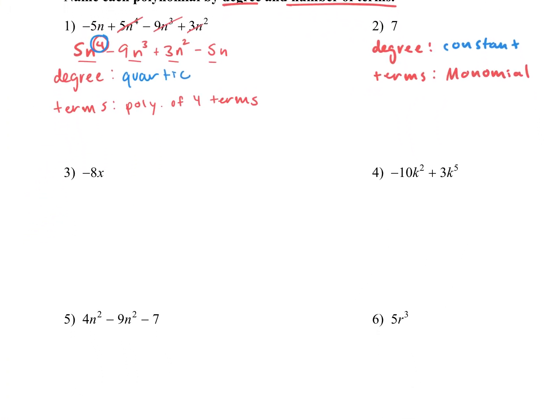Right, number 3. Again, it's 1 term, so it's already in standard form. How do I classify it by degree? Linear, because it has a variable, but no exponent, so it's just 1, so it's linear. And then how do I classify it by the number of terms? Again, it's monomial because it's just 1.